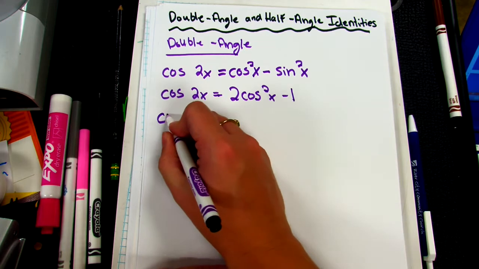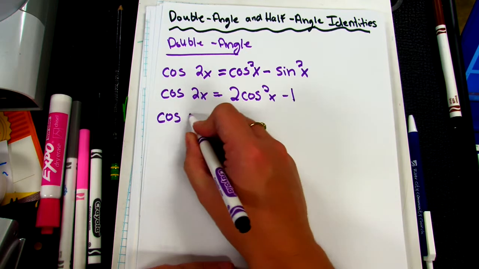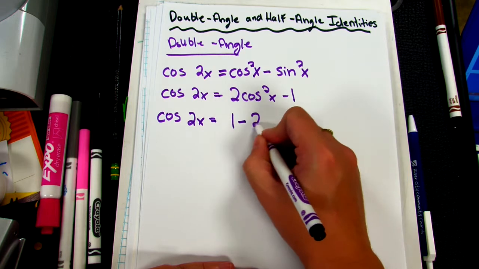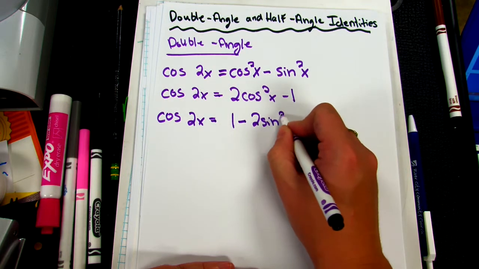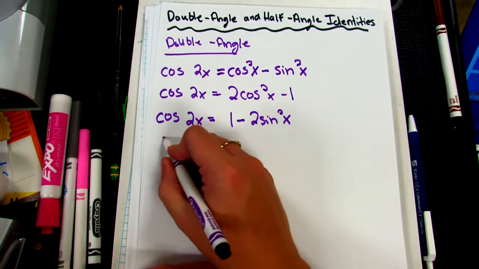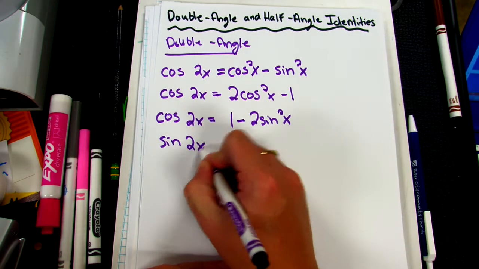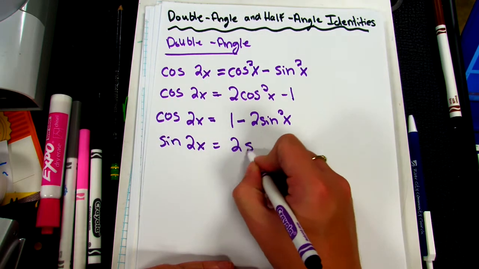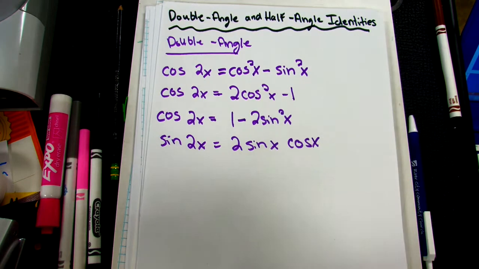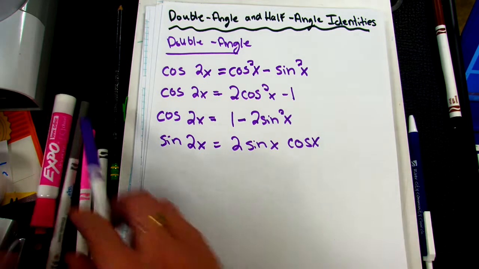And then we have another double angle identity that says cosine of 2x is equal to 1 minus 2 sine squared x. And the last double angle identity says that sine of 2x is equal to 2 sine x cosine x.